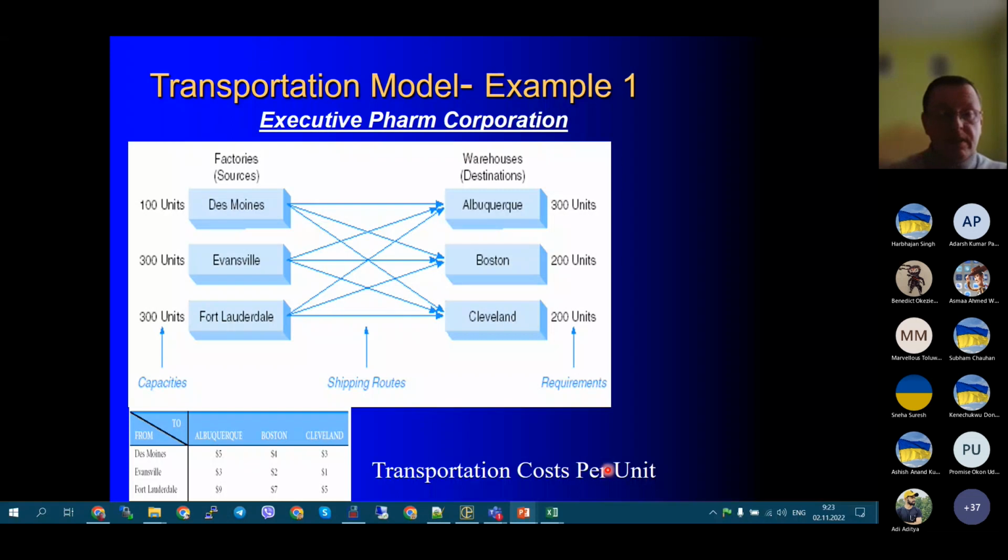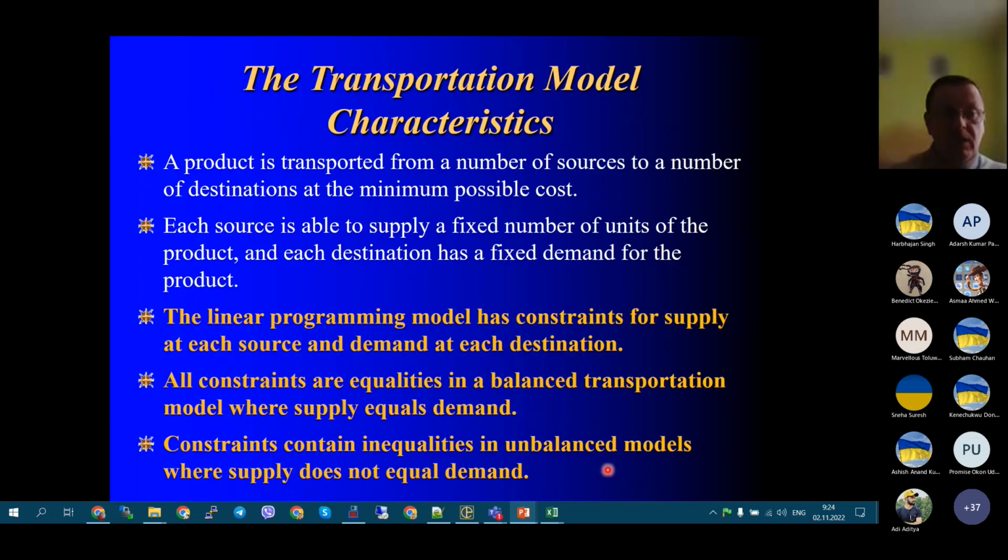So here is a given example, like let's say delivering some drugs, medicine, from factories to warehouses, or from warehouses to drugstores or pharmacy shops. It actually doesn't matter critically. We have resources, we have capacities at the source points, we have requests from destinations, we are given shipping costs, and we have multiple available shipping routes.